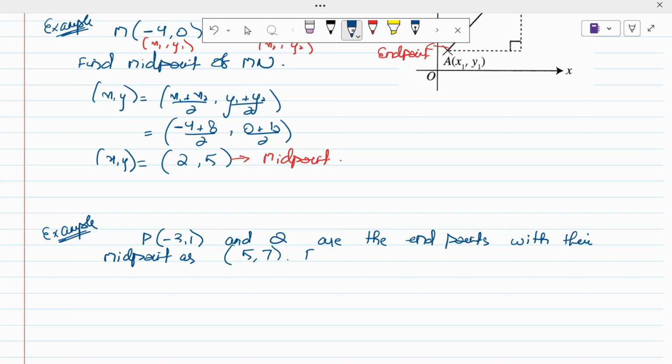The question says find the coordinates of Q.